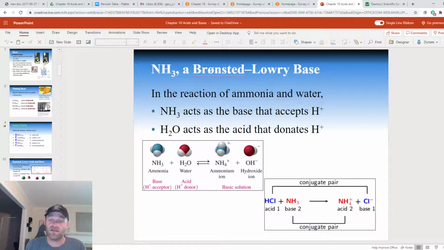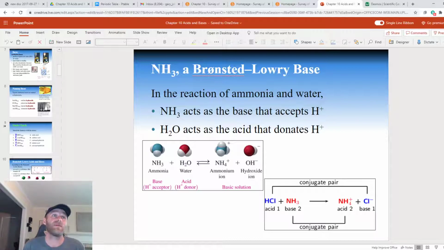Now do your conjugate pairing. The NH4 plus would be the conjugate acid because I have that plus charge. The hydroxide would be the conjugate base because I have that minus charge. So it's pretty easy to keep straight. Whatever's accepting the hydrogen is the base. Whatever's giving it away is the acid.